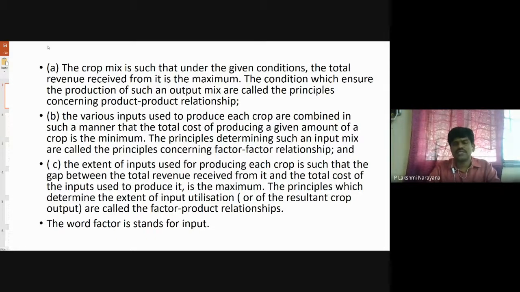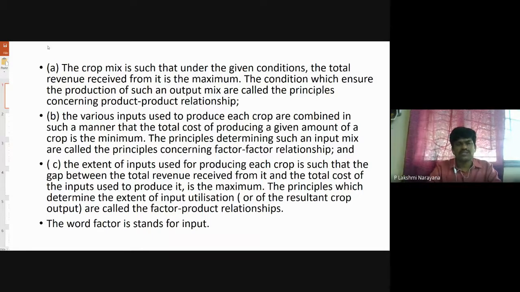The conditions which ensure the production of such an output mix are called the principles concerning product relations.